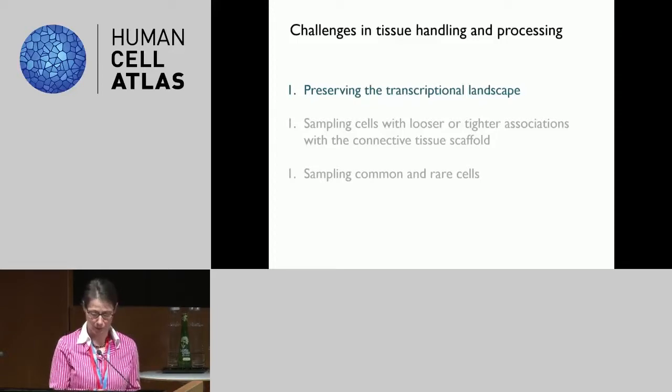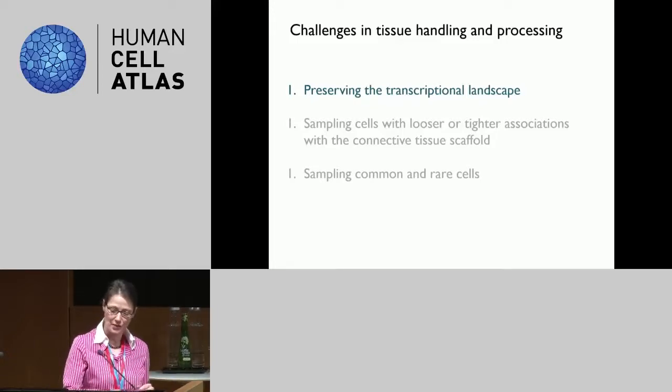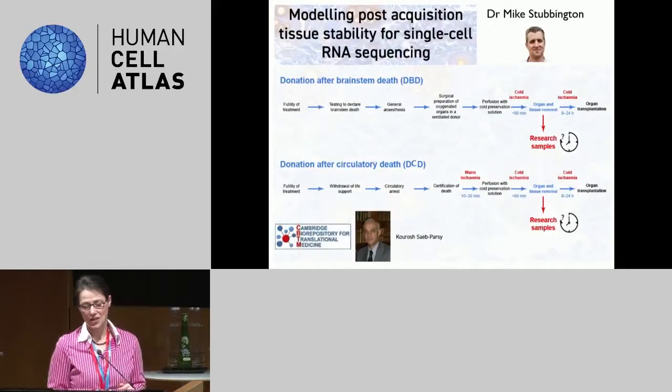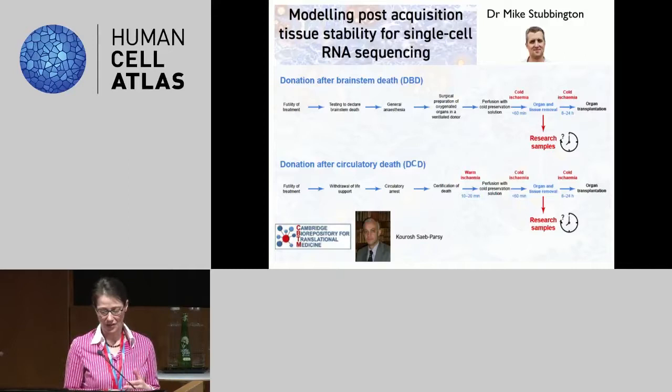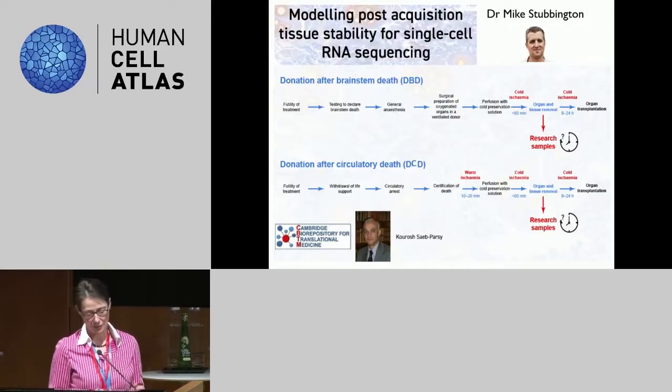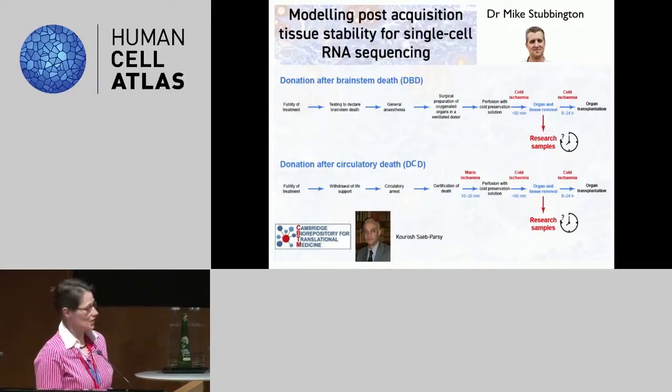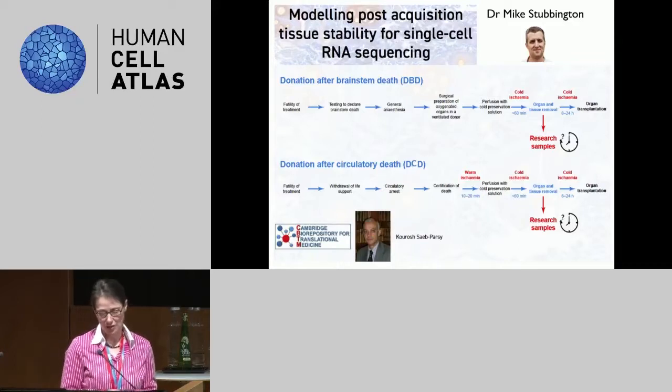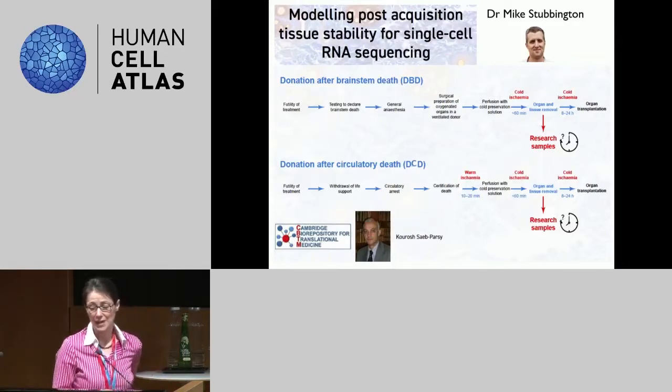Obviously, in 15 minutes, I can't take you through every example, but a few examples of workflows that are trying to address these problems. So in terms of preserving the transcriptional landscape, Mike Stubbington has been leading a study, taking organs that are harvested for us by Karosh Sayed Parsi, who's a transplant surgeon here locally in Cambridge, who set up the Cambridge Biorepository for Translational Medicine.